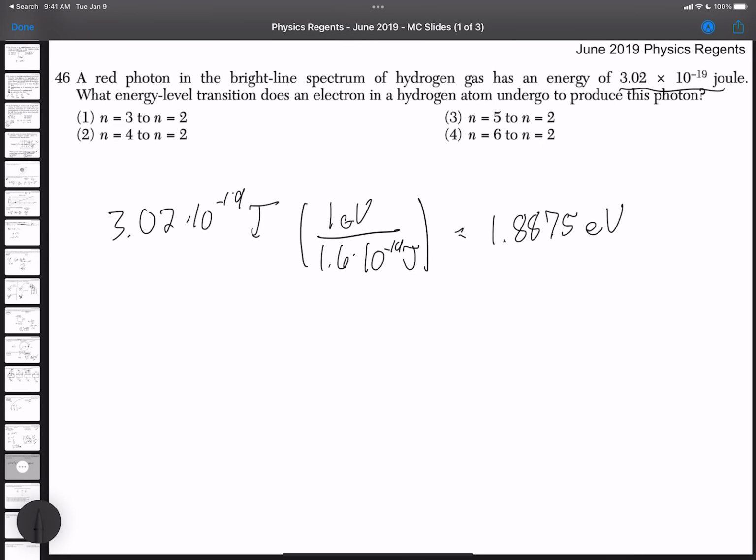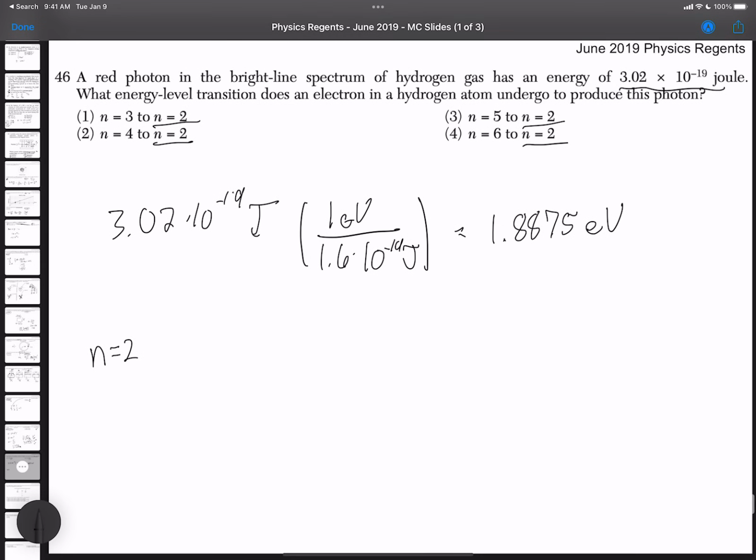Because we're talking about this chart here, we actually end up rounding this 1.8875. I notice that all of the transitions they have are ending at 2. So the transition at 2 has an amount of energy of negative 3.40 electron volts. And if I'm emitting light, then I must be coming from a higher energy level. Remember, higher here means closer to 0.